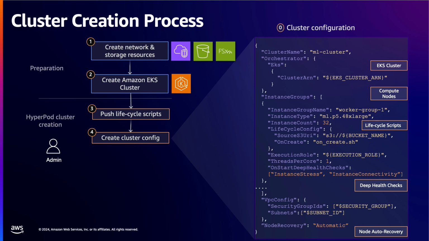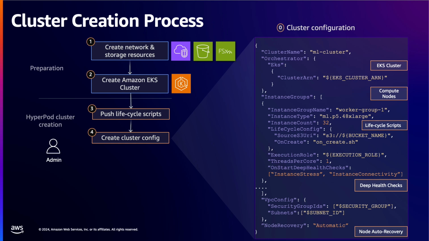I want to point out here that in this example, we're configuring one instance group with P5 48xlarge instances. We're saying that we want those to have deep health checks enabled by specifying this enable burn-in test setting. And node auto recovery is also configurable in this configuration file.